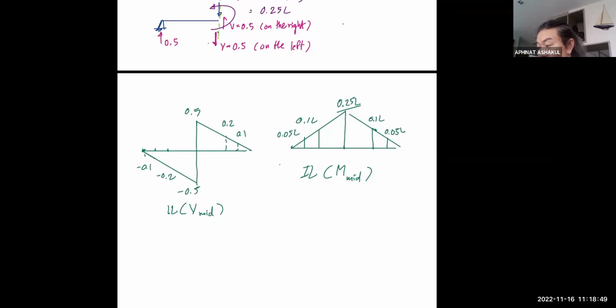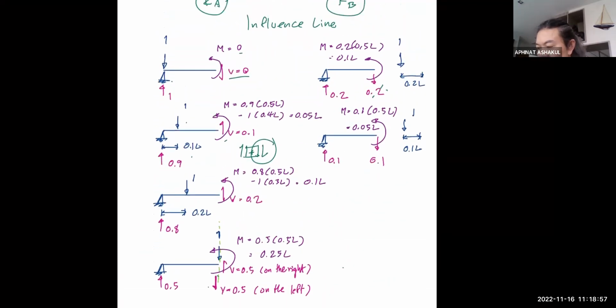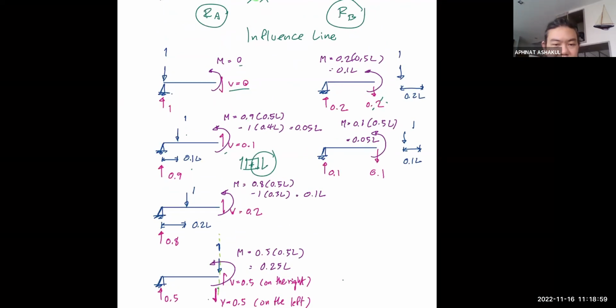Okay. So, right, it would be quite a painful experience if we have to do this every time we want to construct the influence line, right? I try to do this every year just to try to bridge the gap between the idea of the influence line and how we can actually create it with ease.